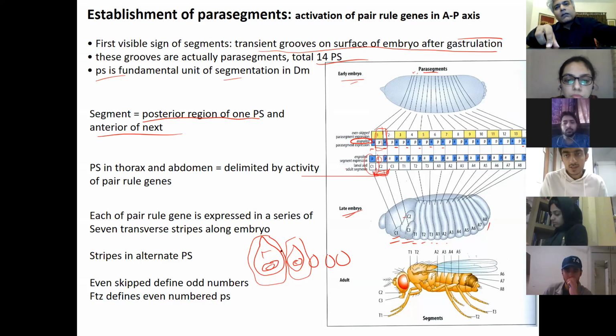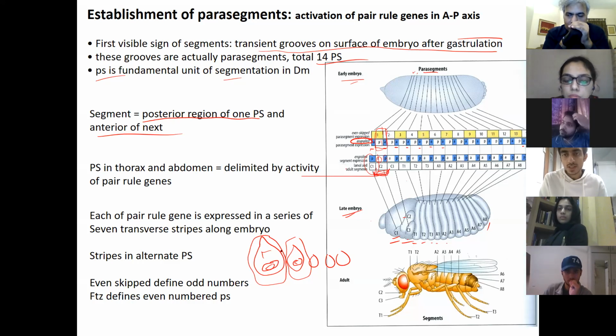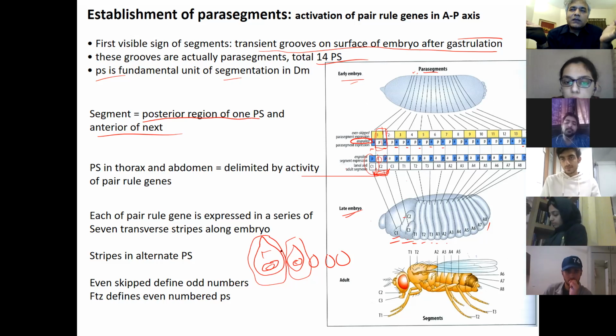So we can stain it with anti-engrailed and see if it's being expressed at the posterior. So that will tell us which is anterior and which is posterior. Very good. So you will simply do an immunostaining experiment. I told you, you have to learn development this way. Otherwise, you are learning facts, and facts are not useful.